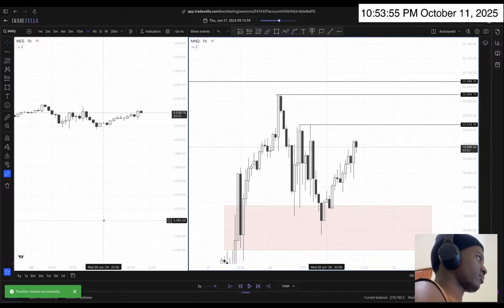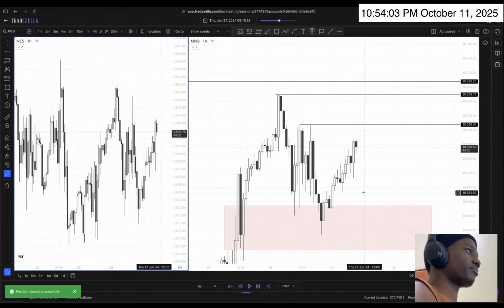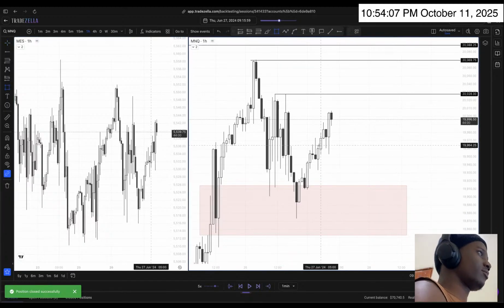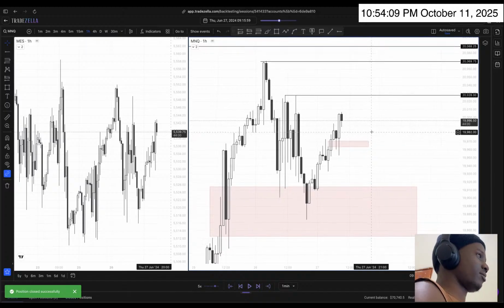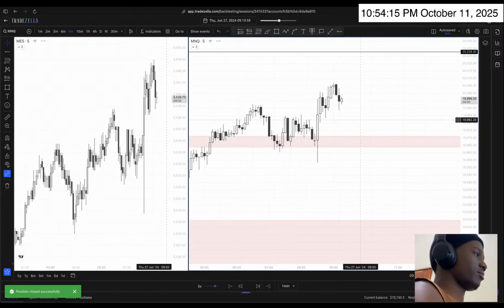Here, there's an SMT from this low. Well, nah, the sweep also happened there, but it's still looking solid to go higher. There's also this internal gap here, 5 minutes.